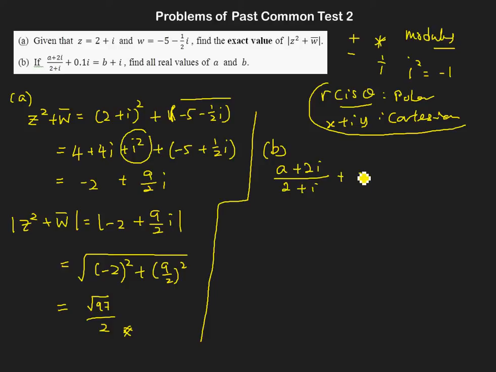but begin with this. i equals b plus i, and for this division, first recall the method you use, and so immediately we identify the conjugate for this denominator, that is 2 minus i. So we multiply this division by its conjugate.